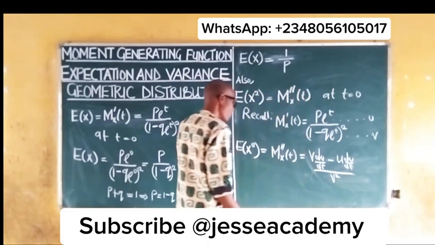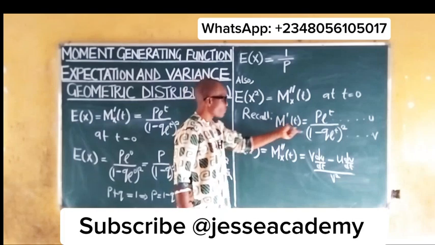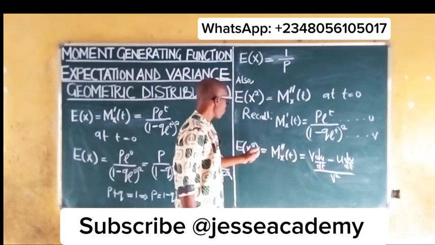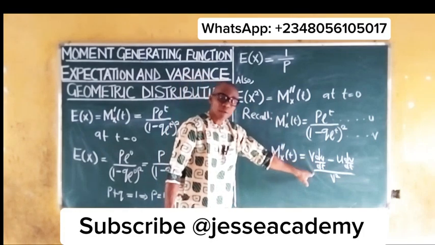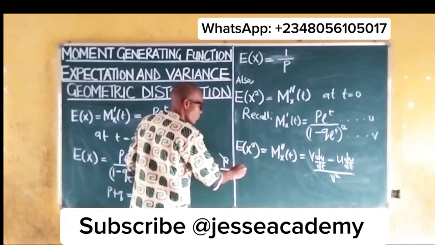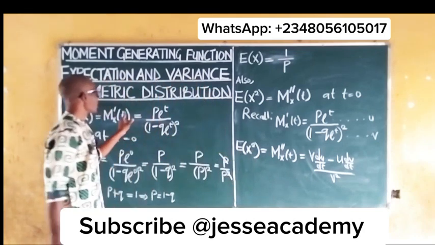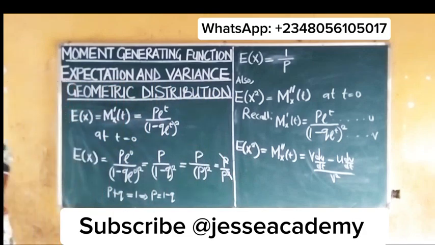All we need to do is just to substitute the values for our differentials into the formula. Now, we have our expected value of x. We'll move over to this side to make it easier for us.